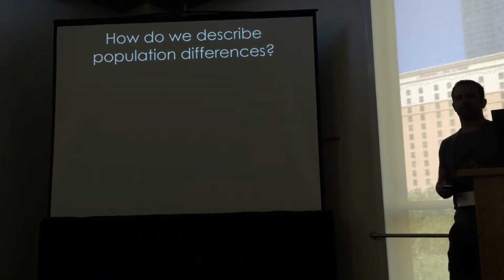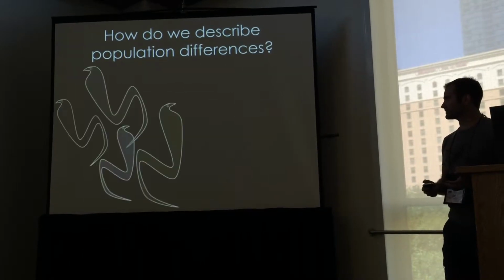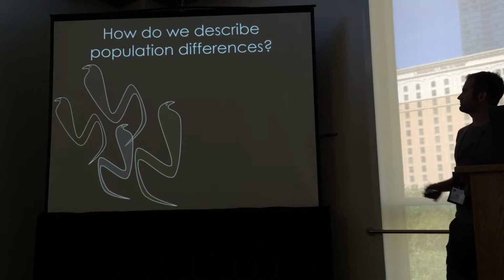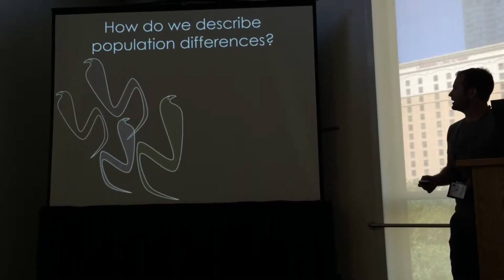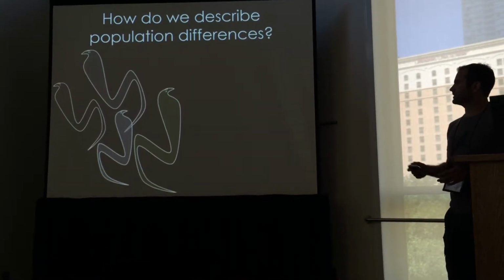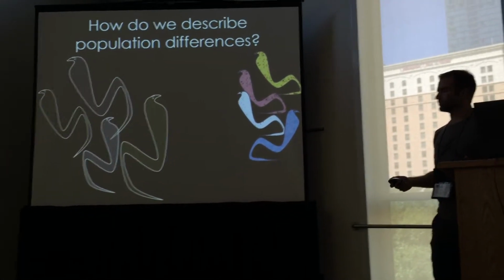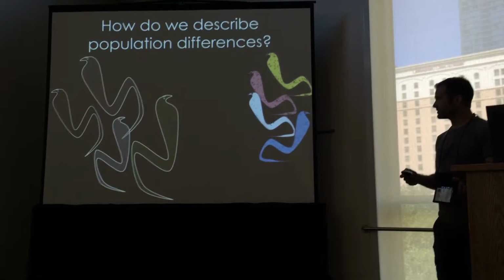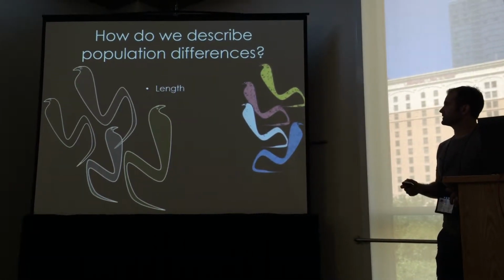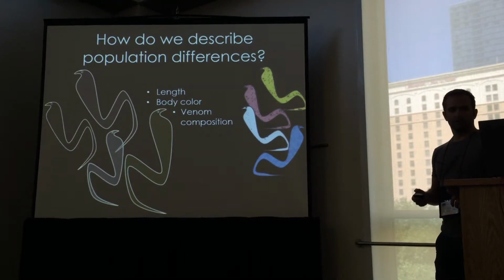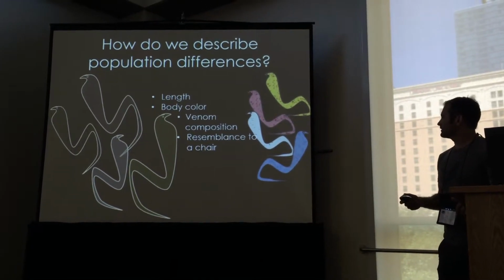So let's just imagine you have a common study system like cobras, and those are represented by these anatomically drawn snakes here. And they're mostly dark, kind of green, gray colors. And then you have another population where they're much more brightly colored. And so we might start by describing such things as length, body color, venom composition, resemblance to a chair.